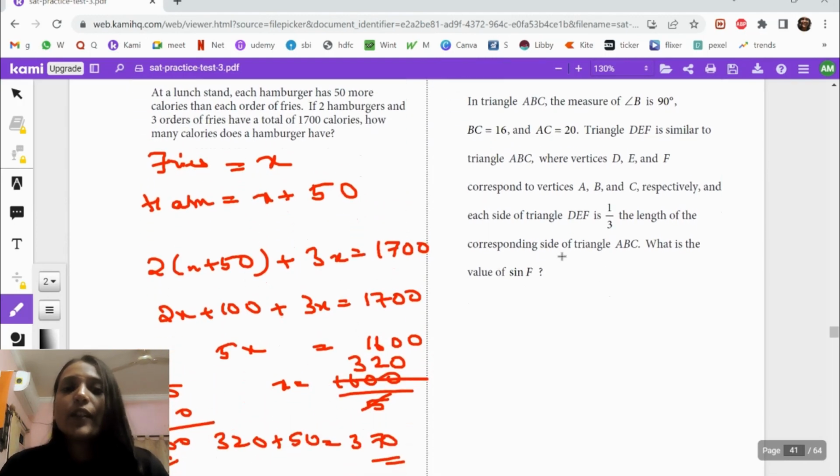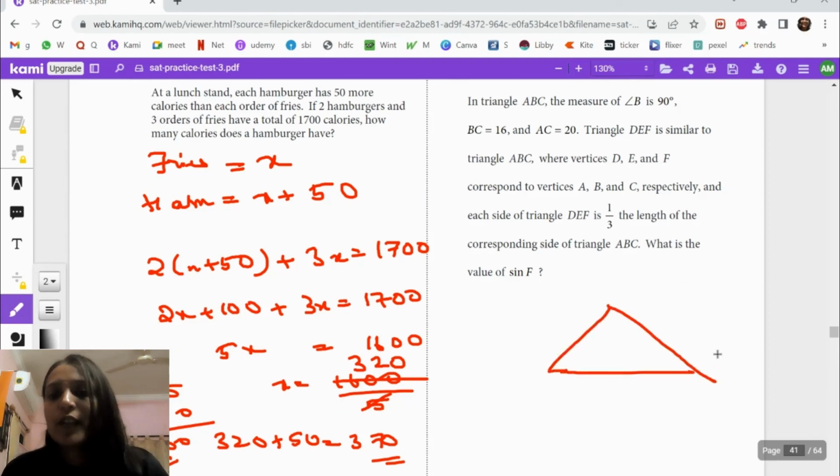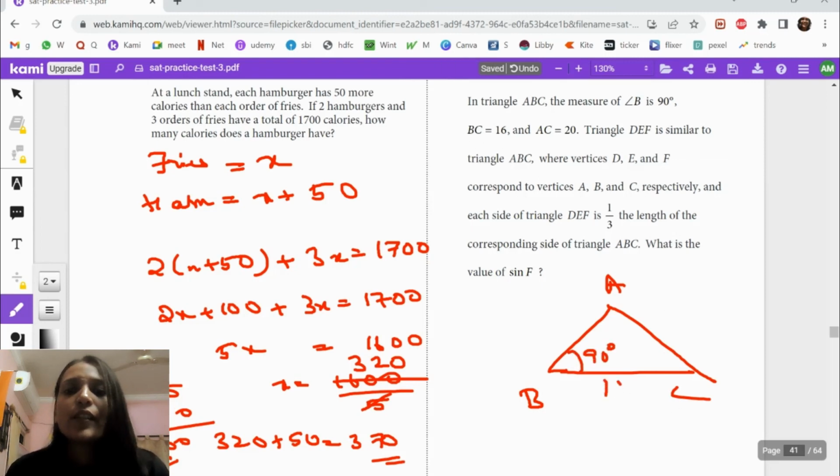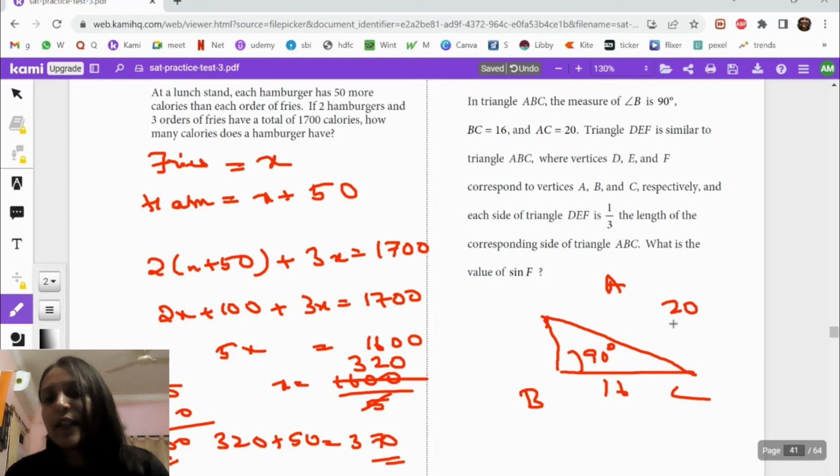Let's go ahead with the 20th question. Now, the 20th question is, in a triangle ABC, I'm just going to draw a triangle A, B, C, and this is just purely for representation purpose. B is 90 degrees, all right, so this is 90 degrees. BC is 16, and AC is 20, and so I'm just going to make this a right angle triangle because 90 degrees is a right angle.